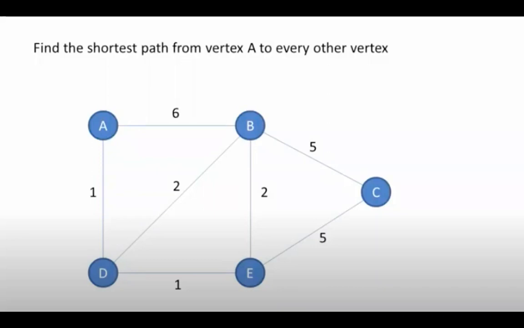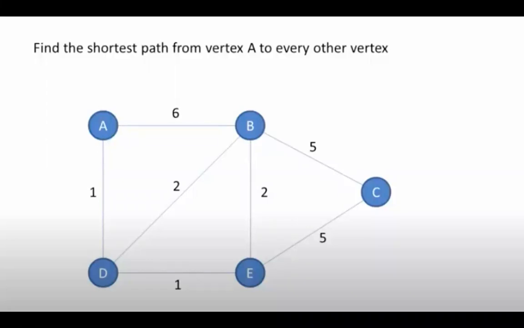I'm not interested in just finding out shortest path from A to C. The question is to find out the shortest path from one particular vertex to all other vertices. That is, I want to find out the shortest path from A to all other vertices. There are 4 other vertices. From A, you need to find out the shortest path to reach all other different vertex in the graph.